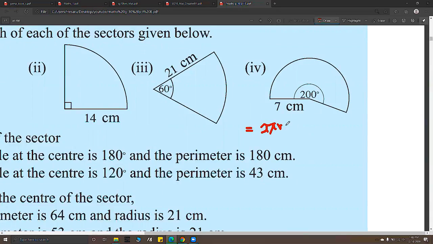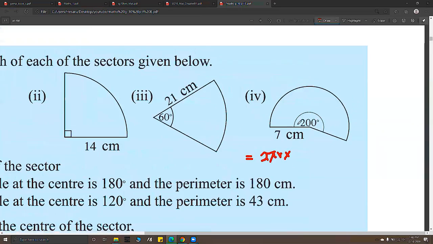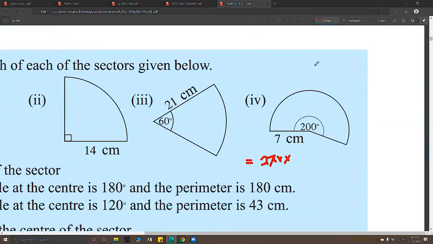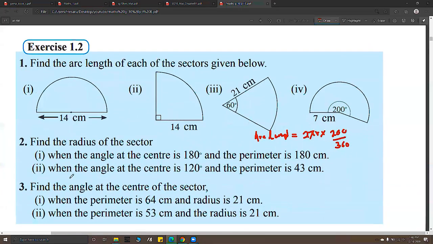I will not explain much more; I have explained in the previous activity. 2 pi r into 200 over 360. r is 7. You can just substitute 7 for r and get the answer. This is the arc length.